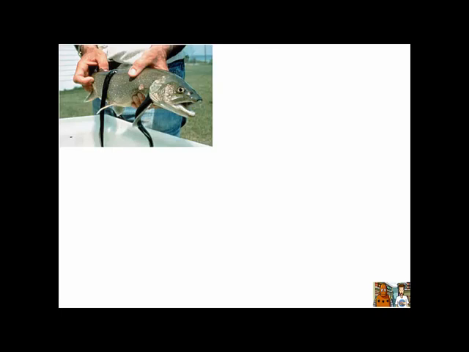These are two lamprey attached to this trout. It's like a leech, but it's a vertebrate fish. It is effective. I'm going to show you examples of several things. This is an example of parasitism.